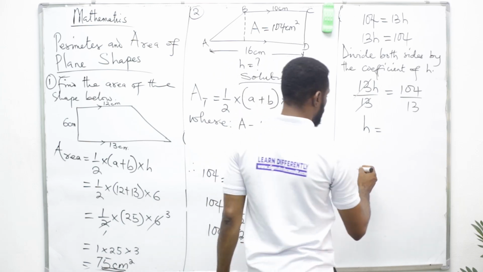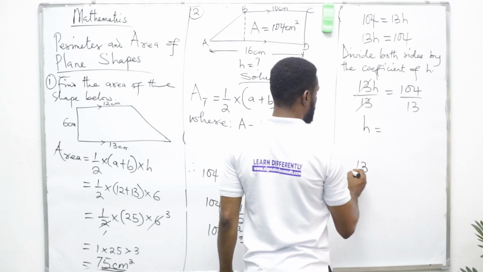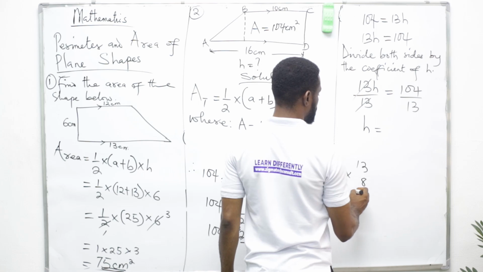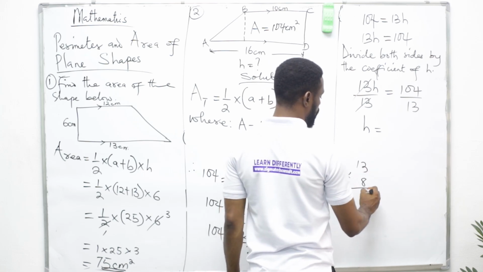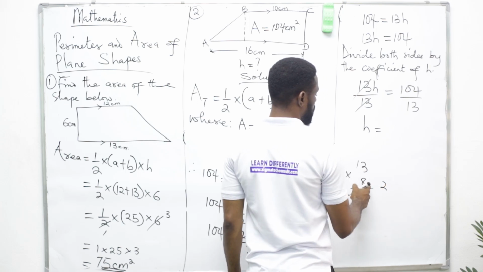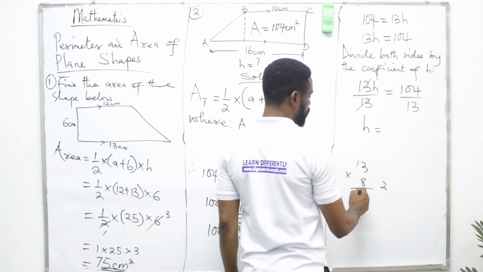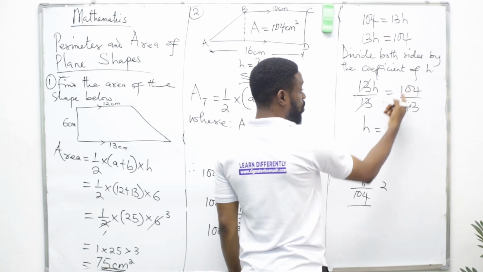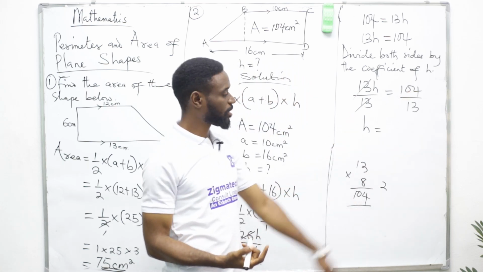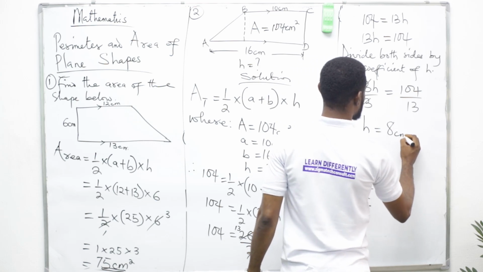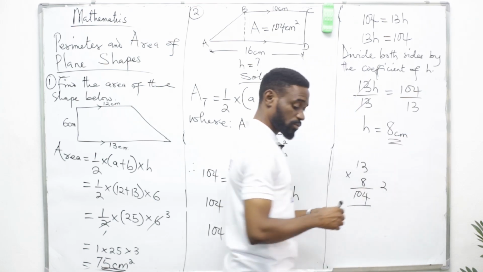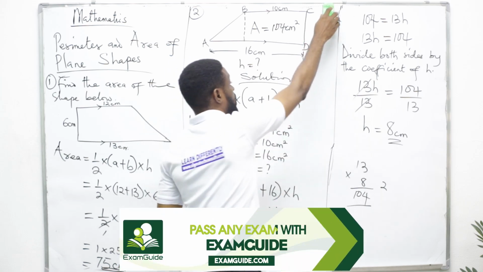How? If you check 13 times 8: 8 times 3 is 24. Write down 4, carry 2. 8 times 1 is 8 plus 2 is 10. So this is 104. So 13 into 104 will give us 8. So h is 8 cm. Okay? So that is what we have there.